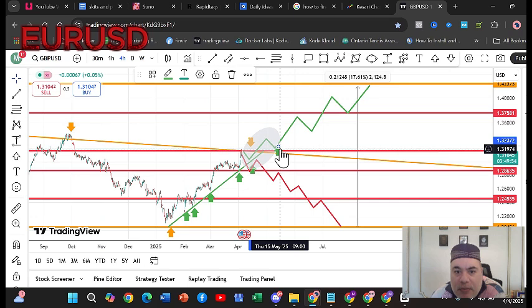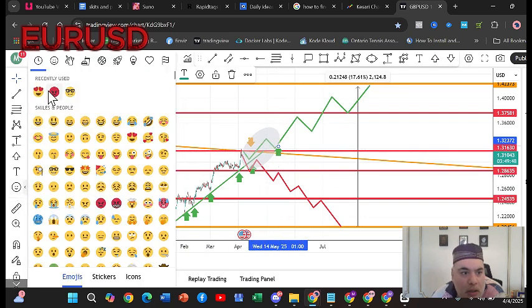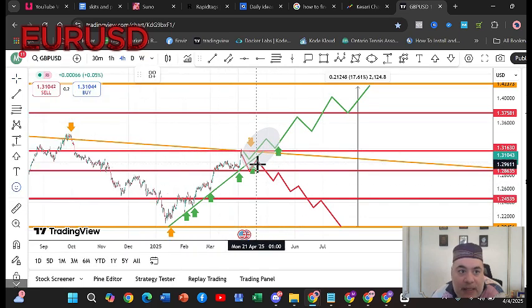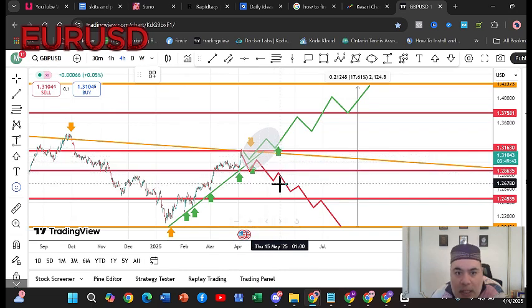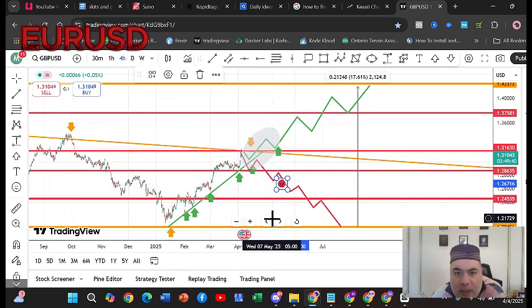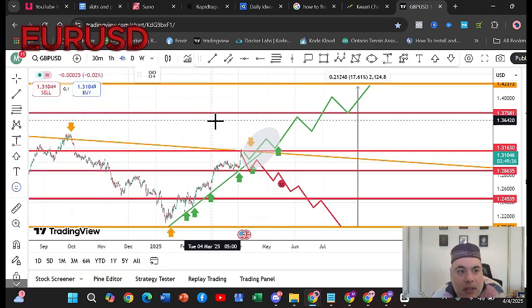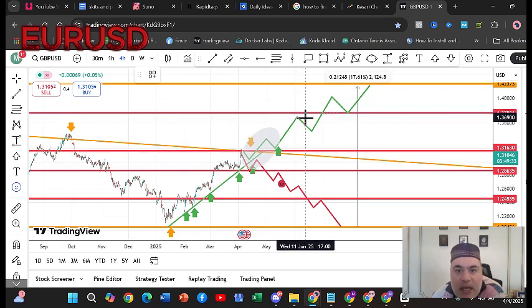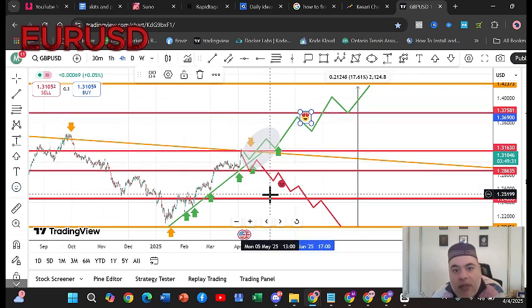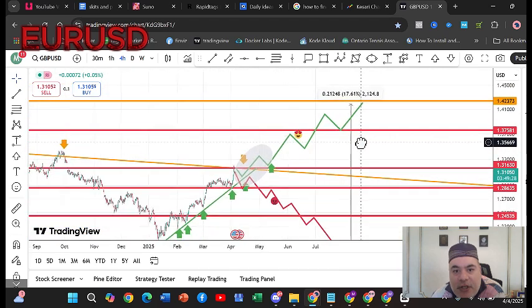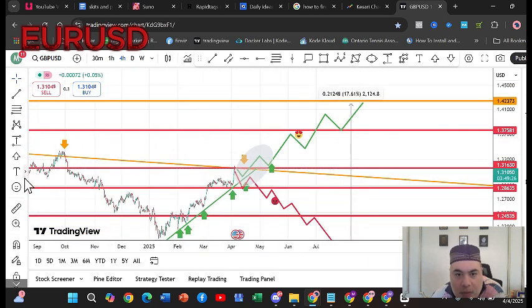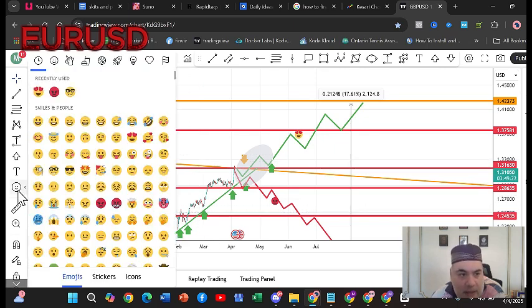I'm going to put my order right here, and I love my smileys, 1, 2. Right here will be my stop loss, and right here will be my first order profits, because I'm going to take 3 trades.